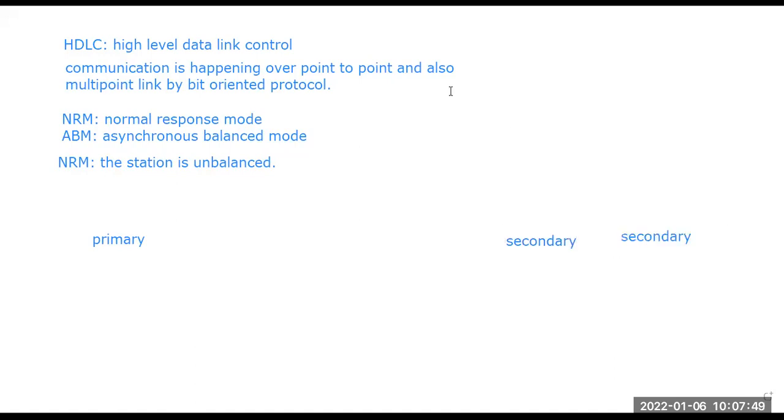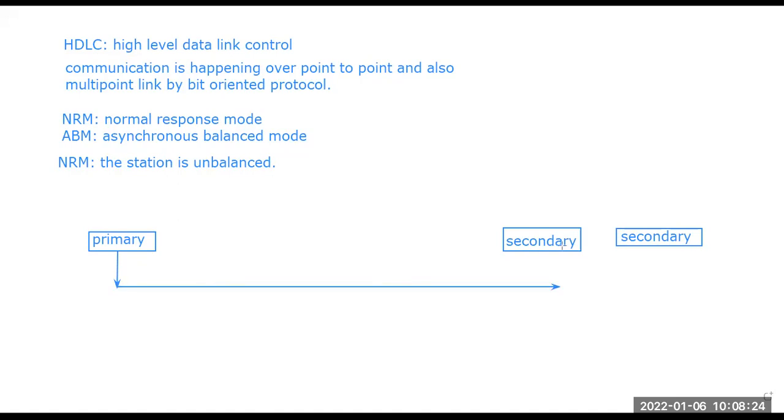So there are these two types of station, primary and secondary.